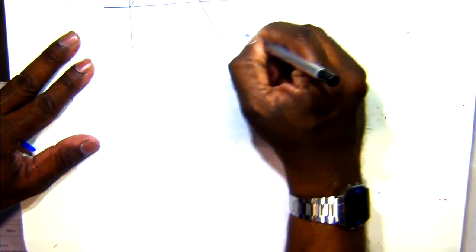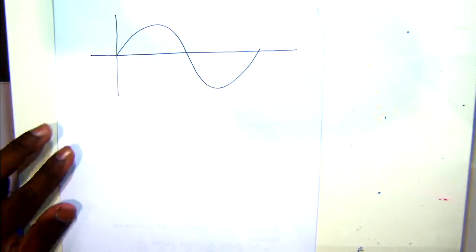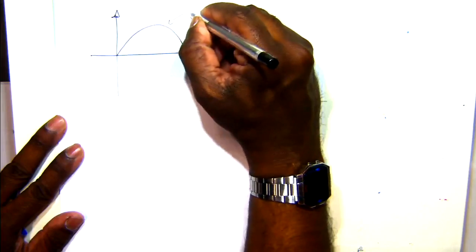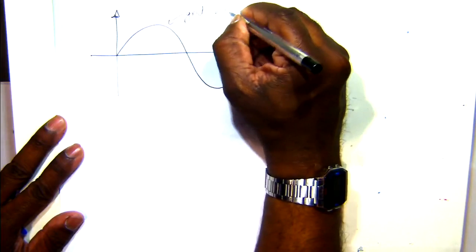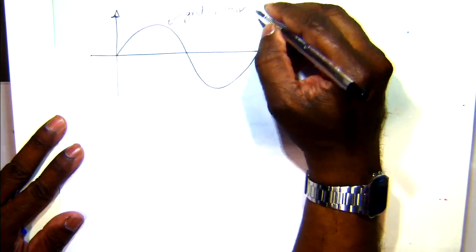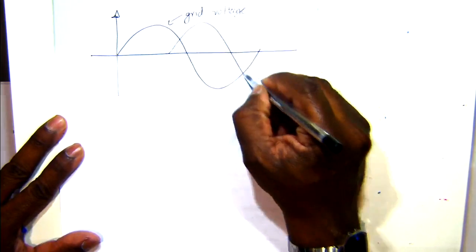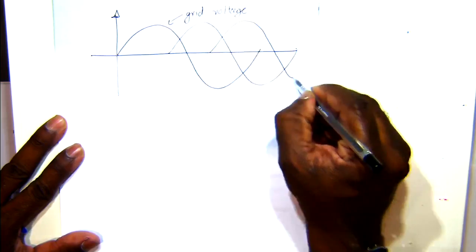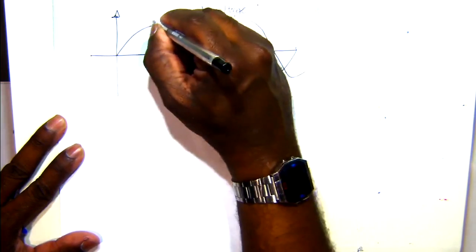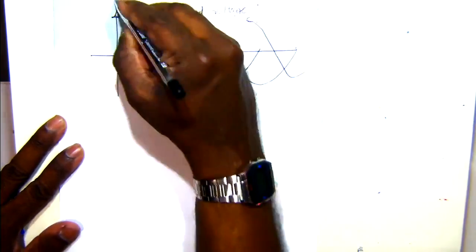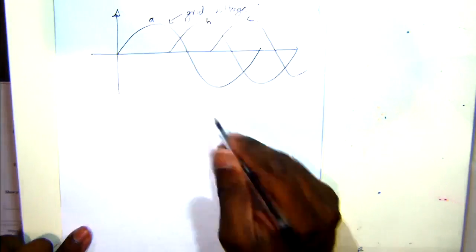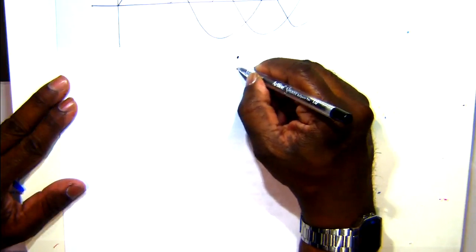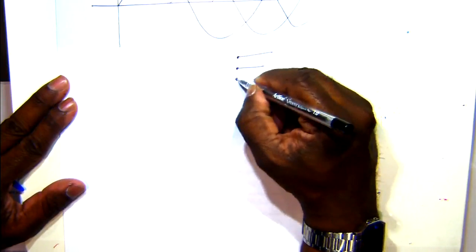So for example, if you look at the AC waveform, let's say this is the grid voltage for one phase, let's say phase A, and then you have another phase, phase B, and another phase, phase C. This is the grid voltages, and this is like three terminals connected to the grid.